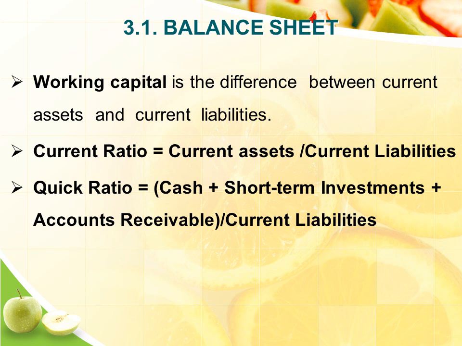The current ratio is calculated by dividing current assets by current liabilities, and the quick ratio is calculated by dividing only quick assets, which include cash, short-term investments, and accounts receivable, by current liabilities. You need to remember these ratios.